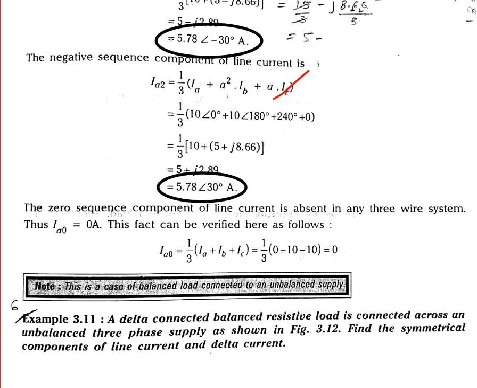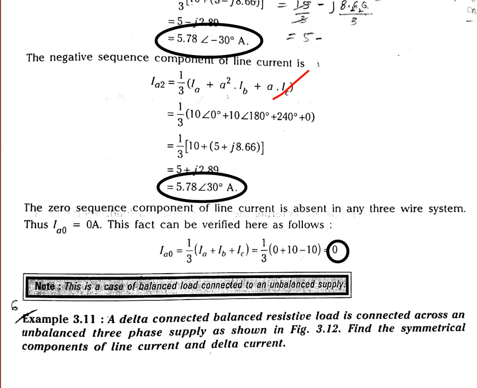As I said, you can directly write 0, because always when it is a 3-phase 3-wire system, your zero sequence component will be 0 only. Now, this is a case where a balanced load is connected to an unbalanced supply. My load is balanced, but my supply is unbalanced. What is the meaning of balanced and unbalanced?